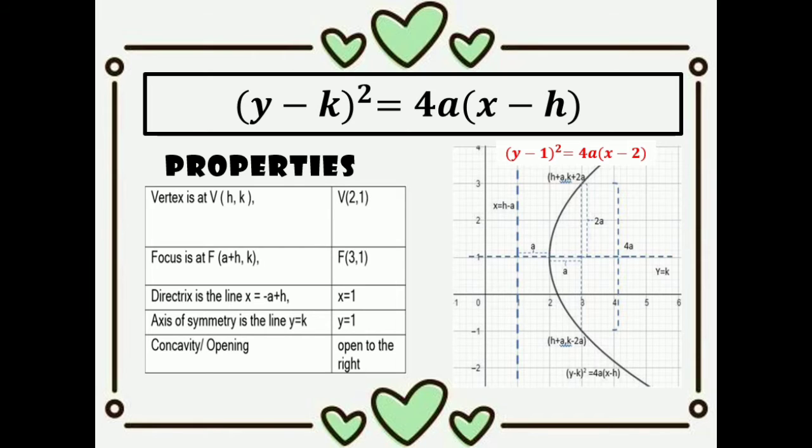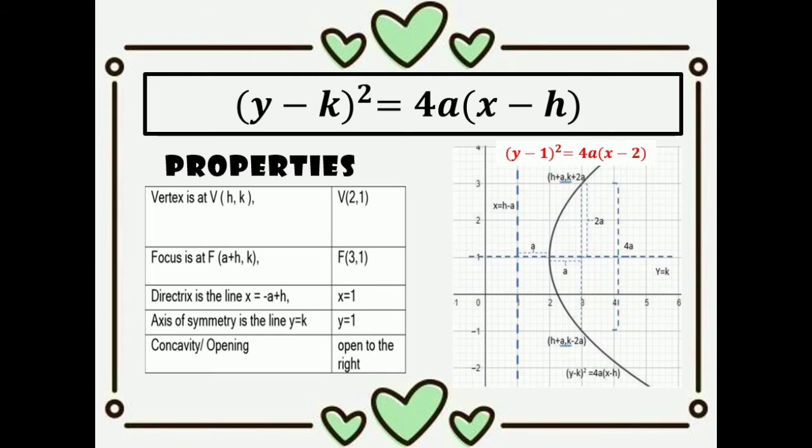For its properties, the vertex of this equation is (2, 1). The focus is at (a plus h, k). Our value of a for this equation equals 1, so the focus is at (3, 1). The directrix is the line x equals negative a plus h.